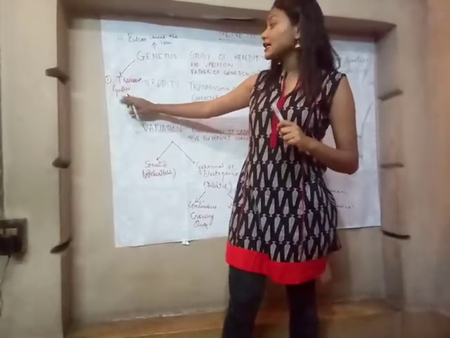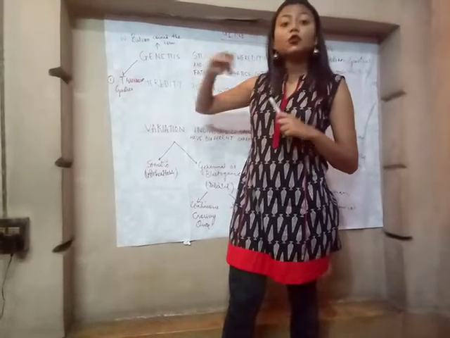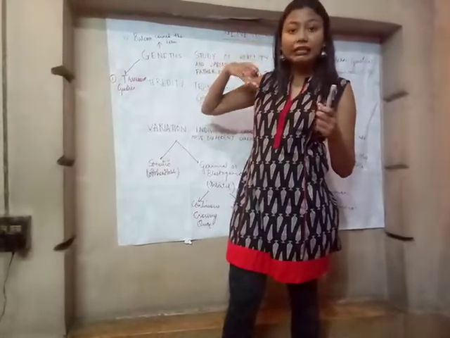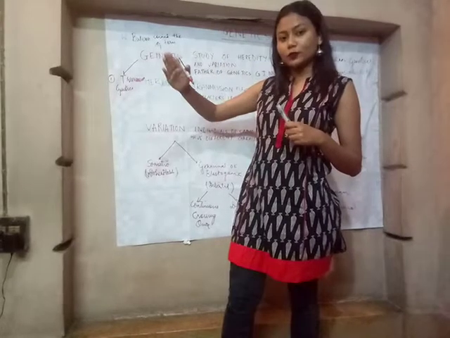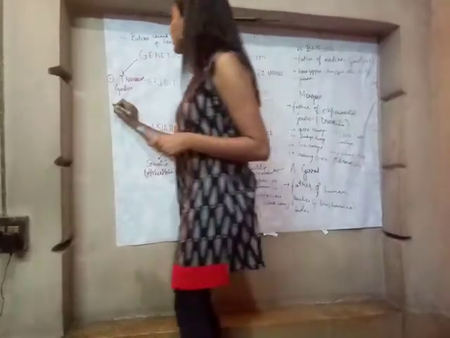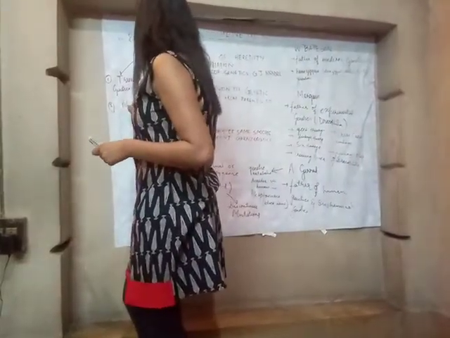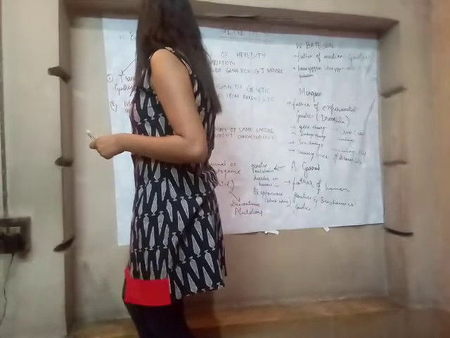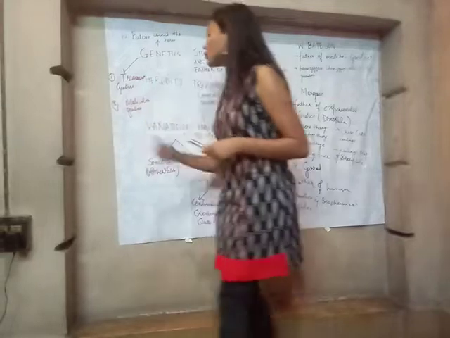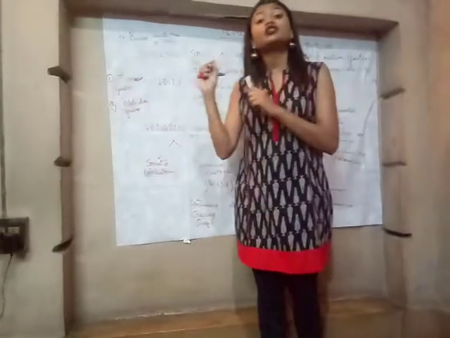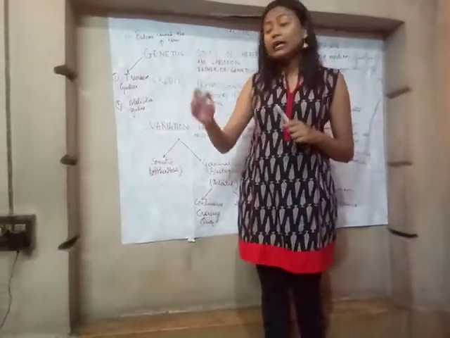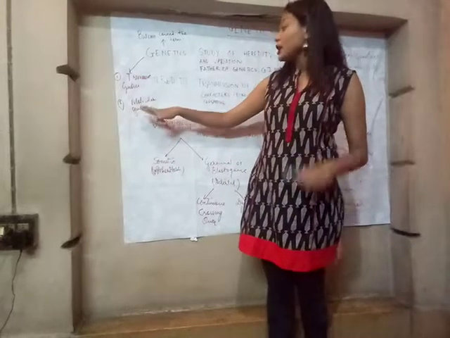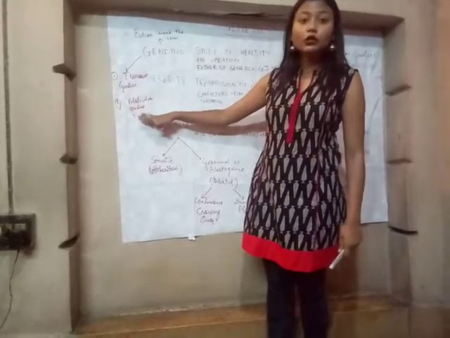Classical or Mendelian genetics only deals with the transfer of characters from parents to offspring. The second one is molecular genetics. Molecular genetics deals with the structure and function of genes at a molecular level.